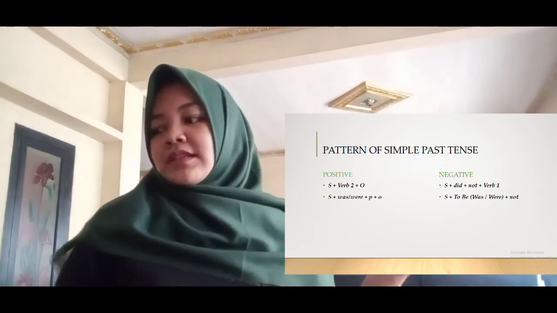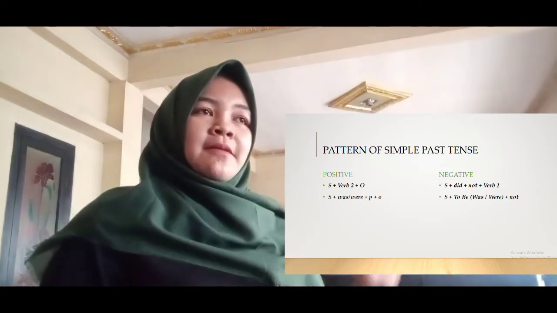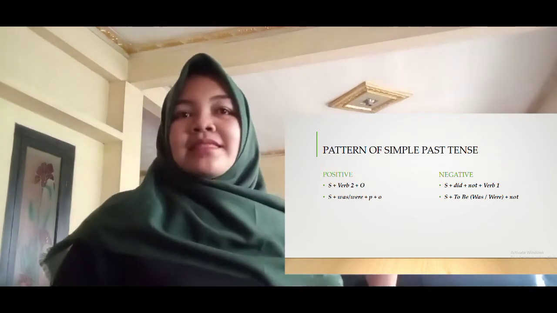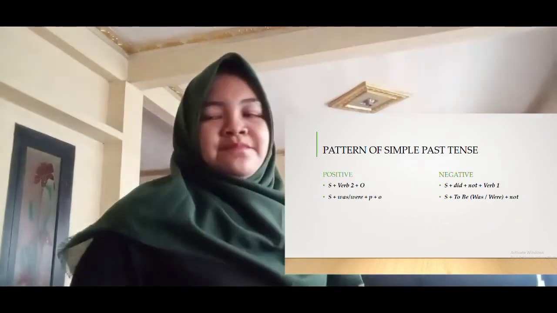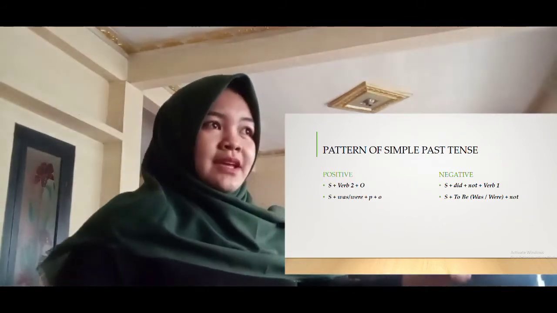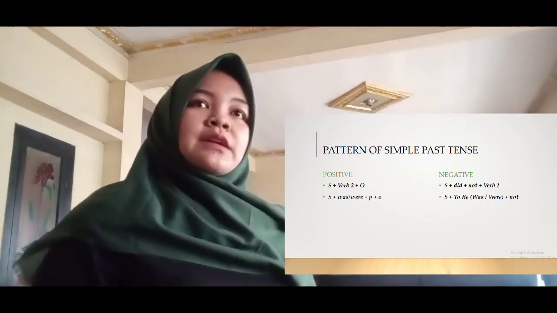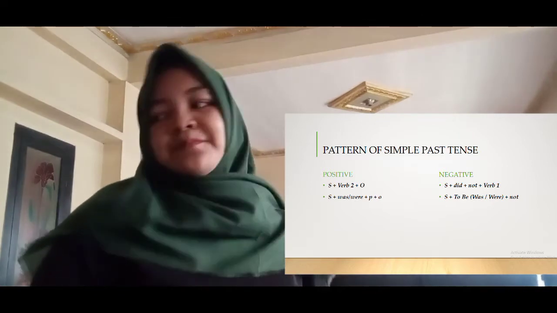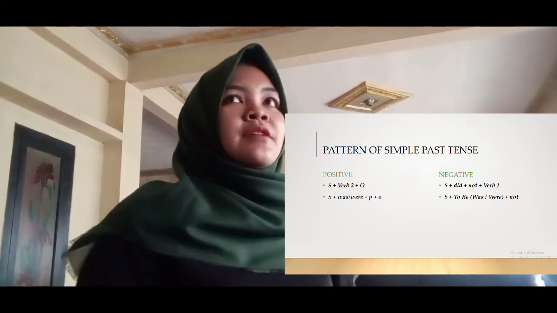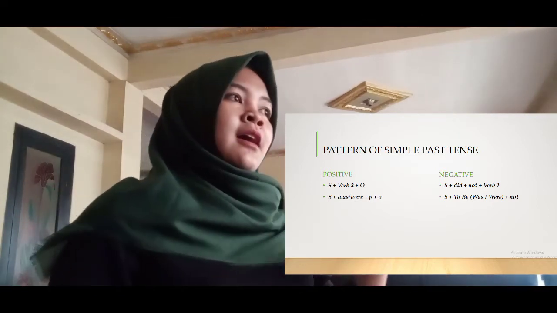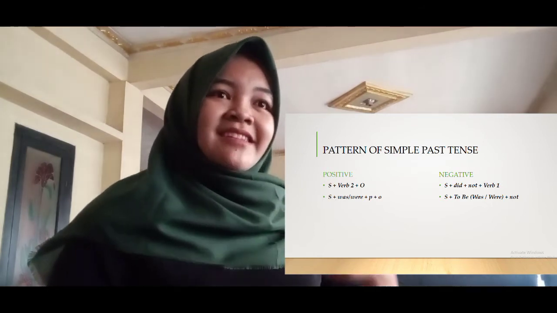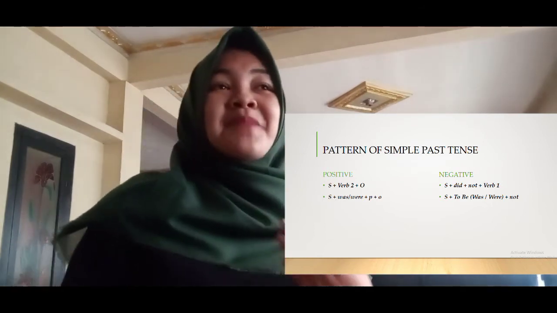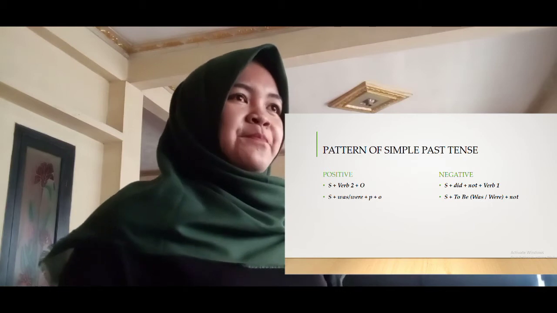And then this is the pattern for negative sentences. The pattern is subject, did not, and then verb 1, and subject, to be, was or were, and not. Okay, remember that. For the example, from the first example, I didn't go to my grandma's house yesterday.